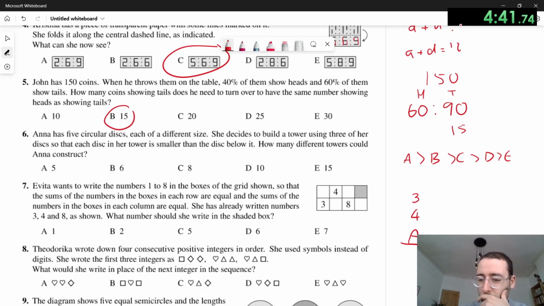Wait. Okay, wait, what? If you start with A, then there are 5 options. You can either go B, C, or D. No. Okay.